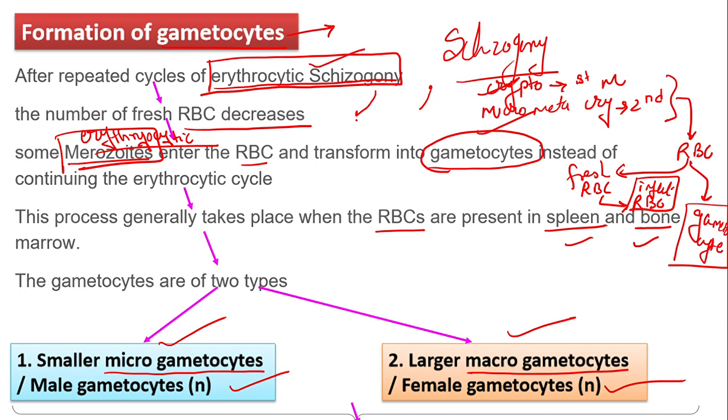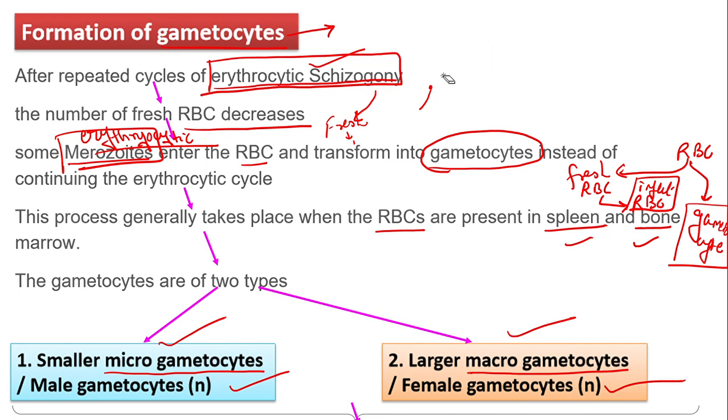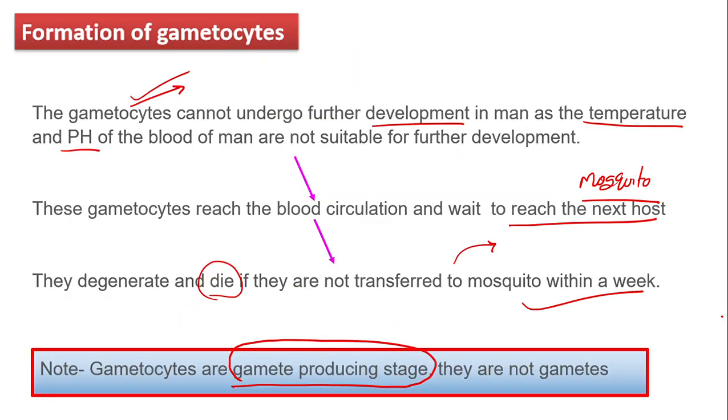These erythrocytic merozoites have two options. They will either enter a fresh RBC and infect it, or enter the RBCs of the spleen or bone marrow, where they form gametocytes, that is, male gametocyte and female gametocyte.